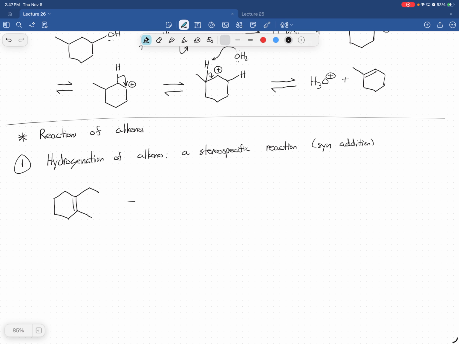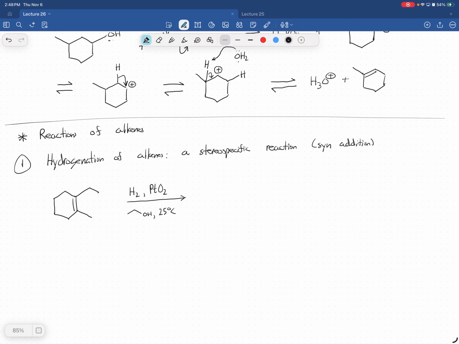The typical conditions for hydrogenation are hydrogen gas and some type of catalyst. The catalyst is usually platinum or palladium. Right now, I just did Adam's catalyst, platinum oxide. And the solvent is usually something polar, acetic acid or an alcohol. And 25 degrees should do the trick.